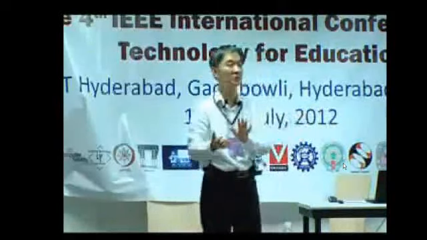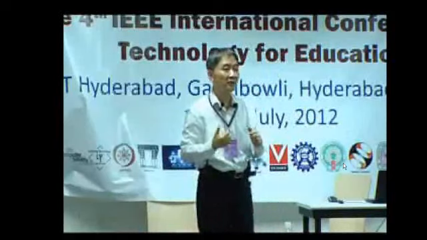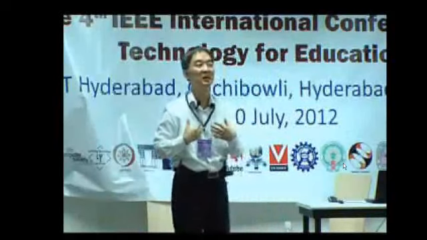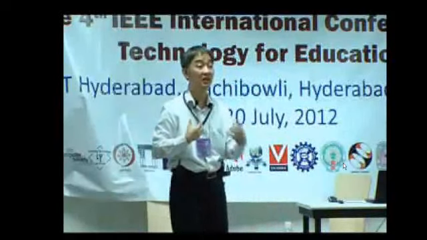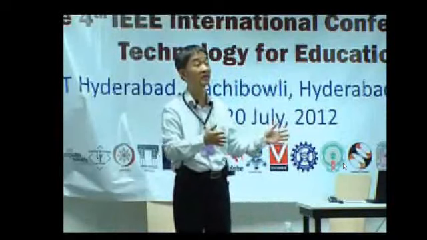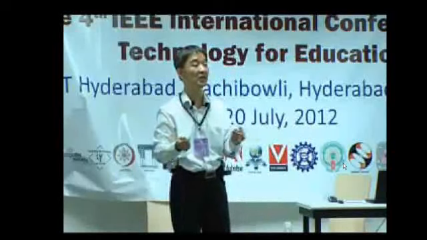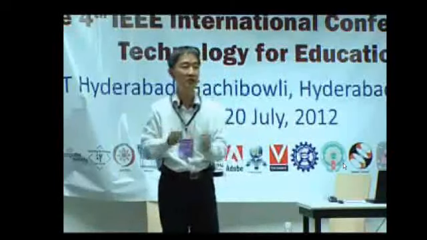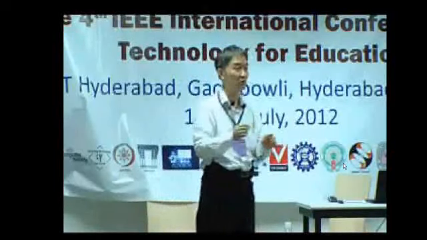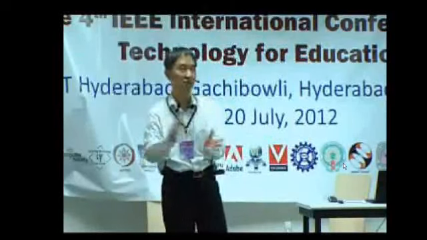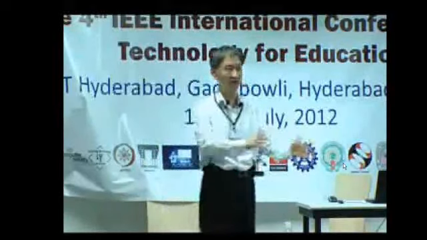We have tried that, and some teachers agree with our strategy, and eventually they find out, okay, it's even better than their original approach. So we try to use a student-centered approach to replace a teacher-centered approach gradually, but not immediately.